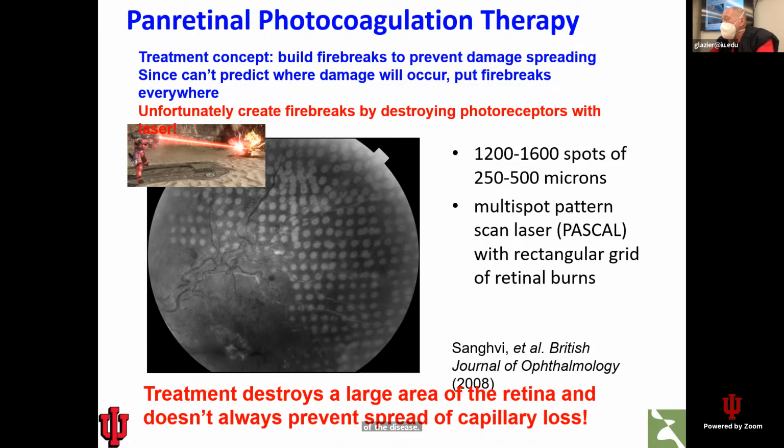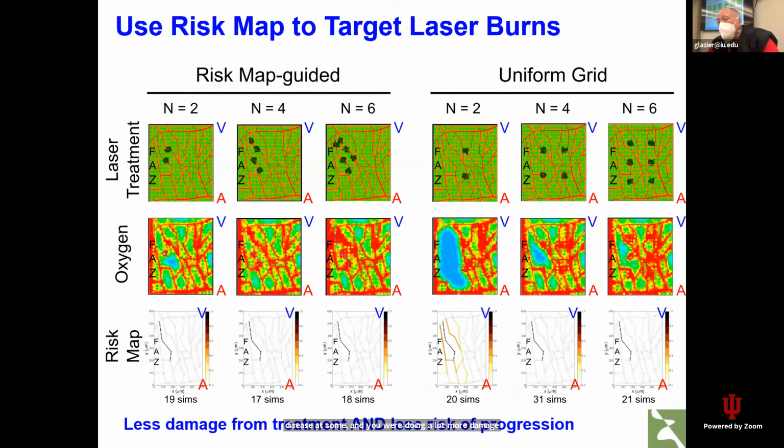And that meant that sometimes they were ineffective at controlling the disease, and you were doing a lot more damage than you needed. And so we were modeling what we believed were the mechanisms of progression of the disease, and then trying to design optimal targets so that you could control the spread of the disease more effectively while doing less damage.